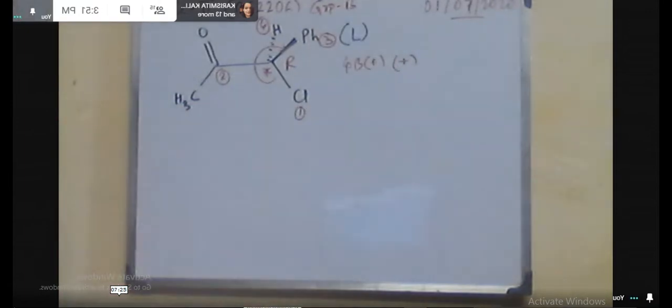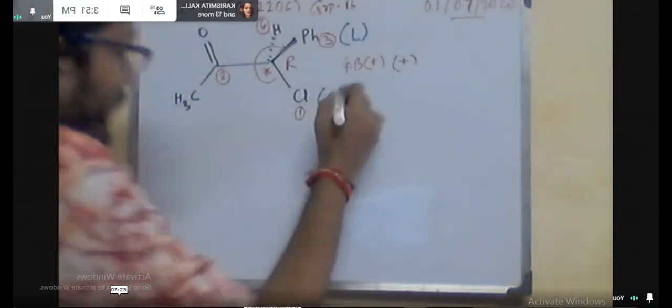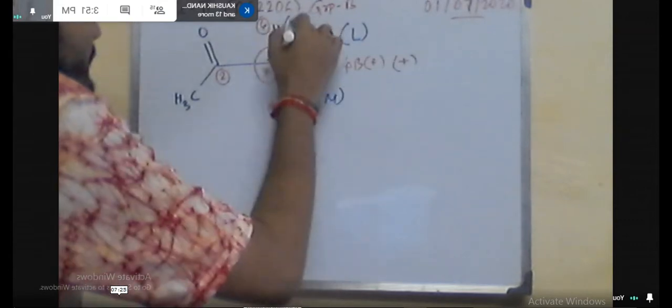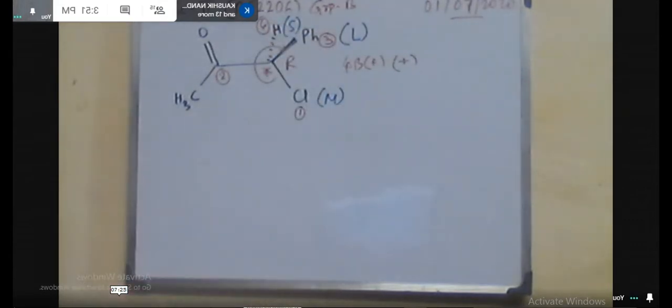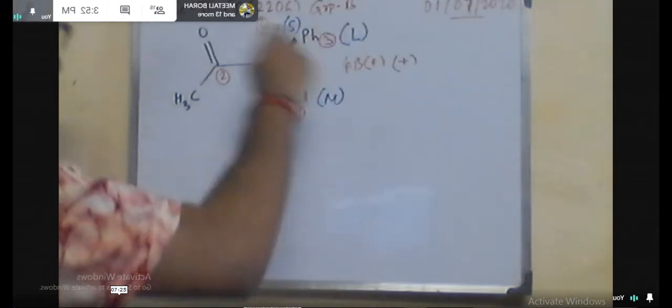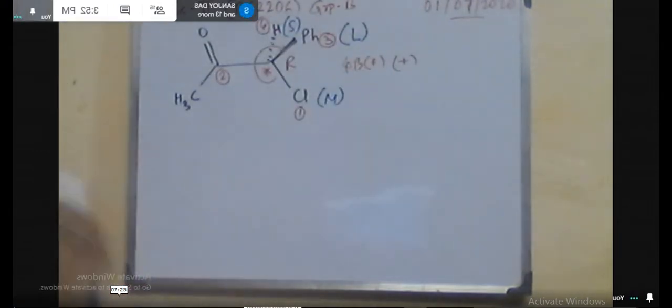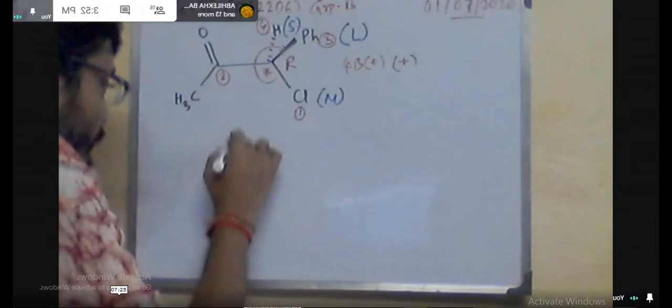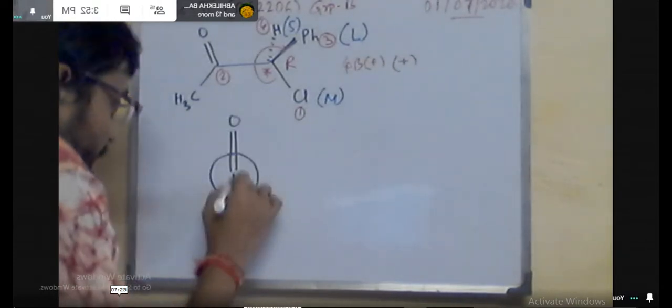So here in this case, we know this is the second group, and you are the viewer, looking from this side. So the 2 group is in the front carbon, and this is the third group, and we know the convention, that means 2F minus.